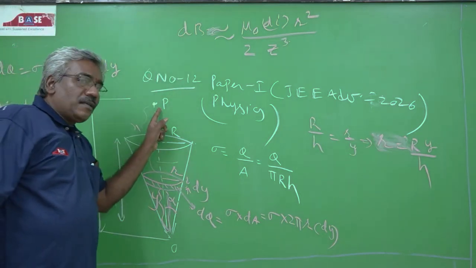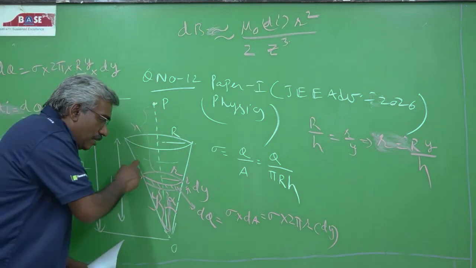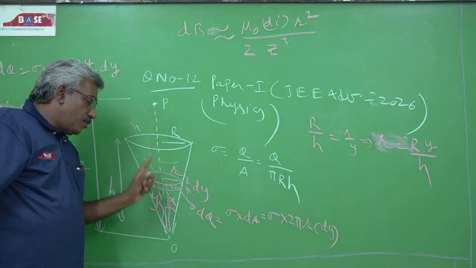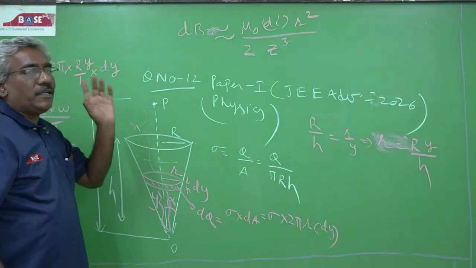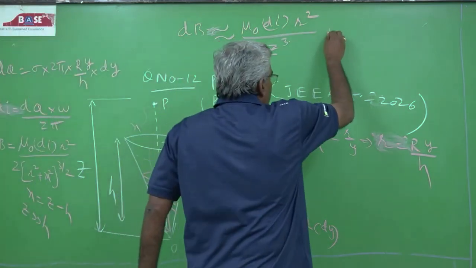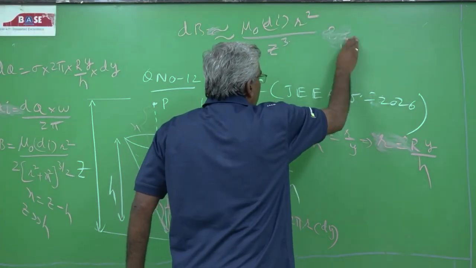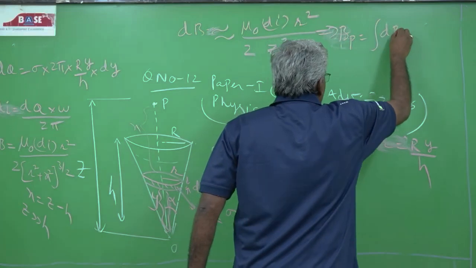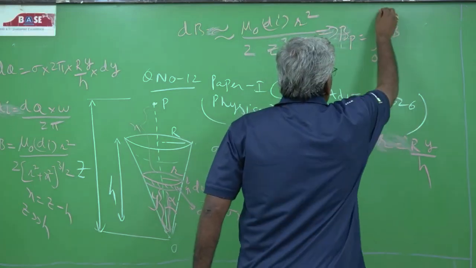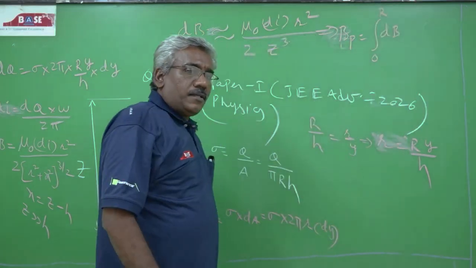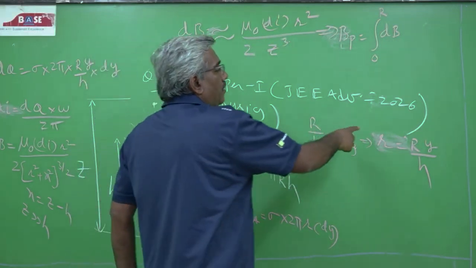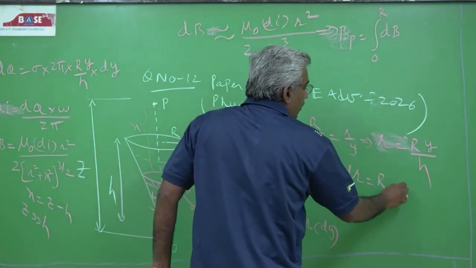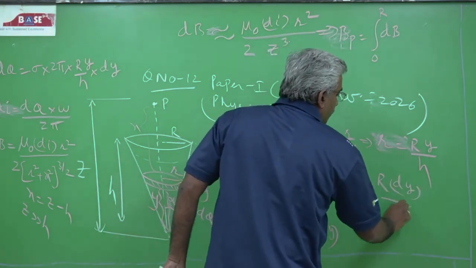Now for the total magnetic field at P, there are so many elementary rings, so due to all the elements you have to integrate: the magnetic field at P is the integral of dB, going from 0 to capital R. You can also make use of this expression: dr is equal to capital R into dy by h.